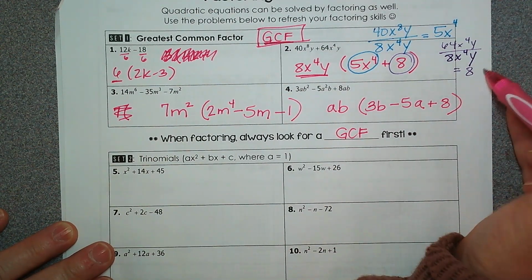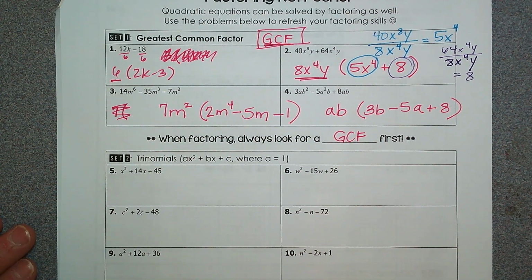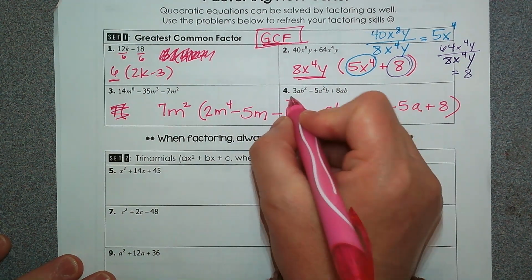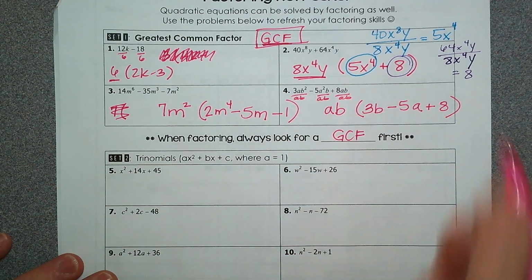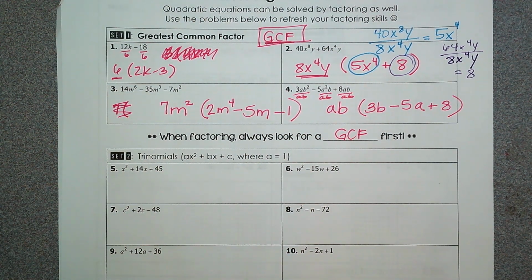Work it out like this for each one if you have to. Write it all out if you have to. Each term is being divided by AB. So when factoring, always look for a GCF first.